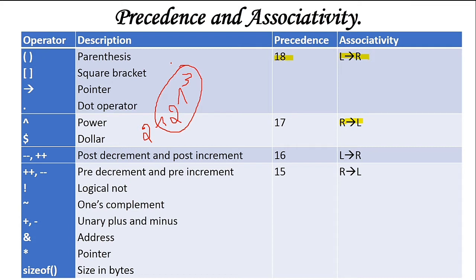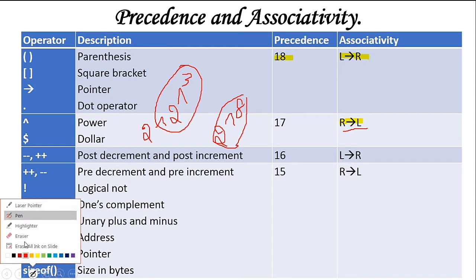That is, the rightmost thing has to be calculated first. Now 2 to the power 3 is 8. After that I need to find out 2 to the power 8, right? So next comes the left part. So power symbol, dollar symbol, all those have right to left associativity.